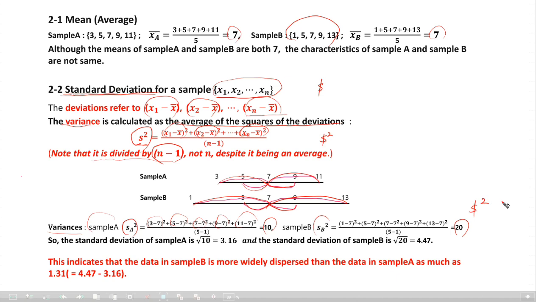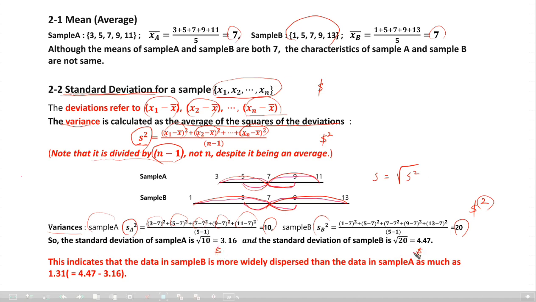So we need to take out the square. That's why standard deviation is the square root of s squared. That is s, right? So the square root of 10 is 3.16. The square root of 20 is 4.47. What is the unit of standard deviation? It's dollar.